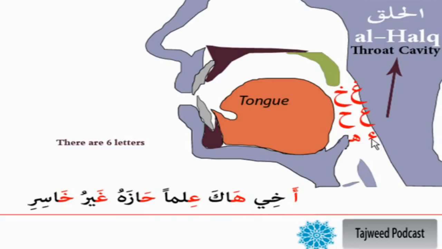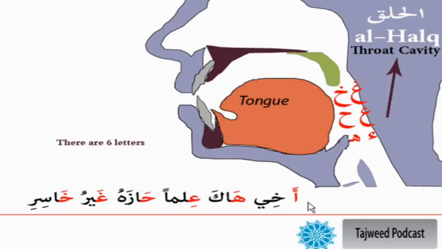The farthest distance you can see here, and in the middle is the ayn and the ha, which is a little bit hard for a lot of non-Arabs, especially when they come close to each other. Some of these letters are also really hard for some Arabs who are not trained or who have been far away from practicing the makharij of the Arabic language.